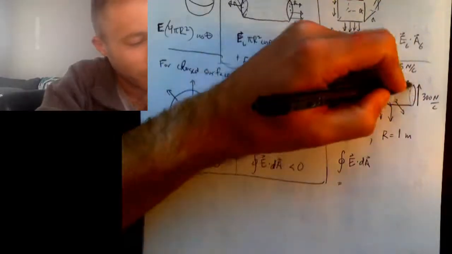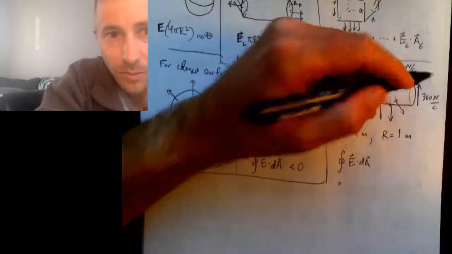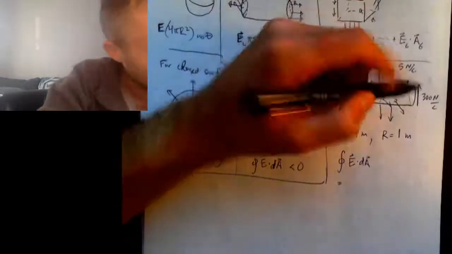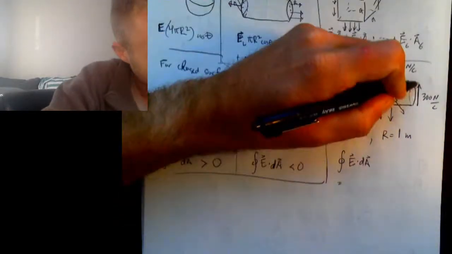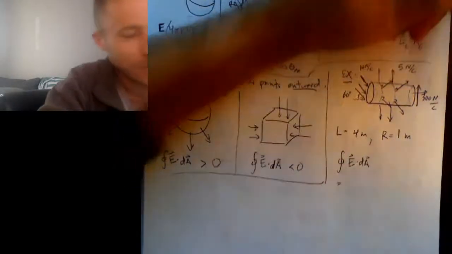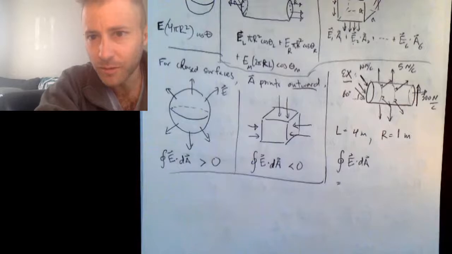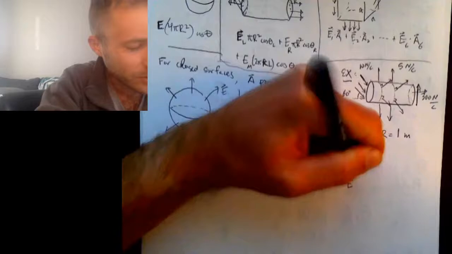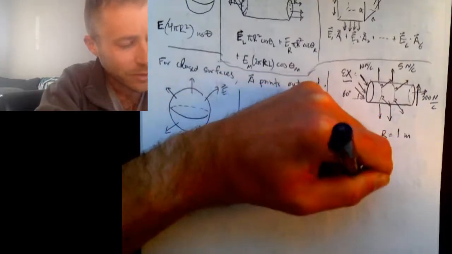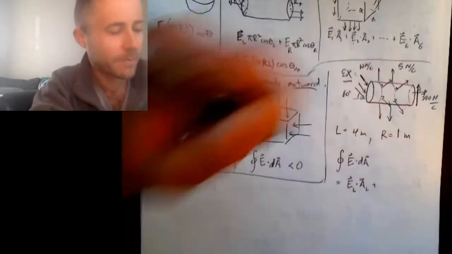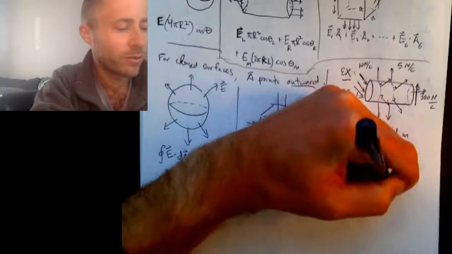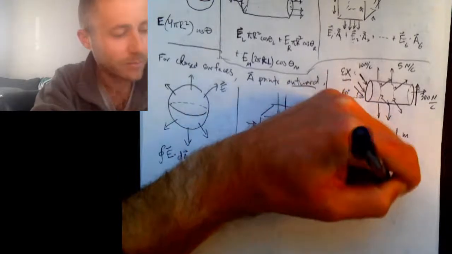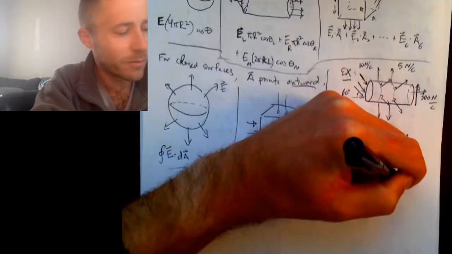And the flux through the right end cap is going to be 0 because the electric field is going up and down, and the area vector points out, so there's a 90-degree angle between the area vector and the electric field. So really, I have the electric field on the left side dot the left area plus the electric field on the middle side dot the middle area. Okay?